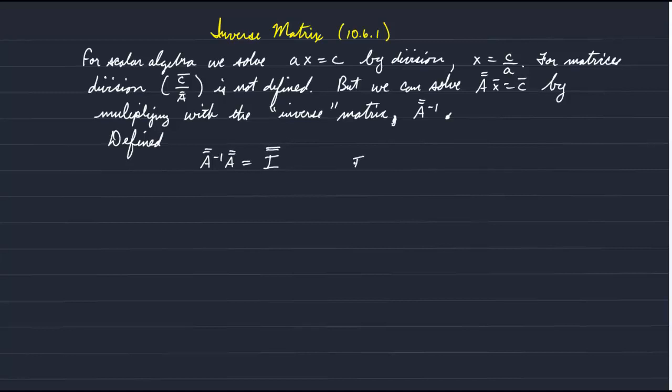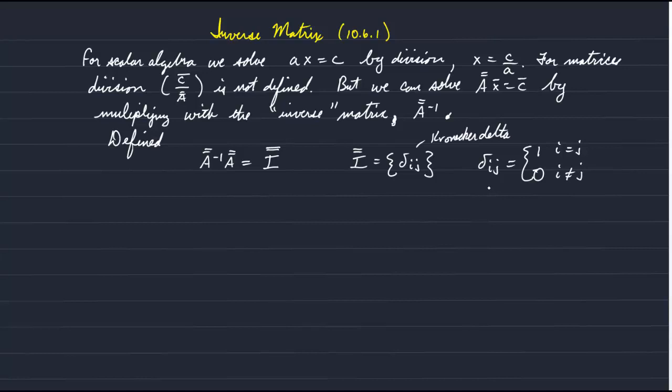And just to remind you, the identity matrix has elements equal to the Kronecker delta, where the Kronecker delta is equal to 1 if i is equal to j, and equals 0 if i is not equal to j.